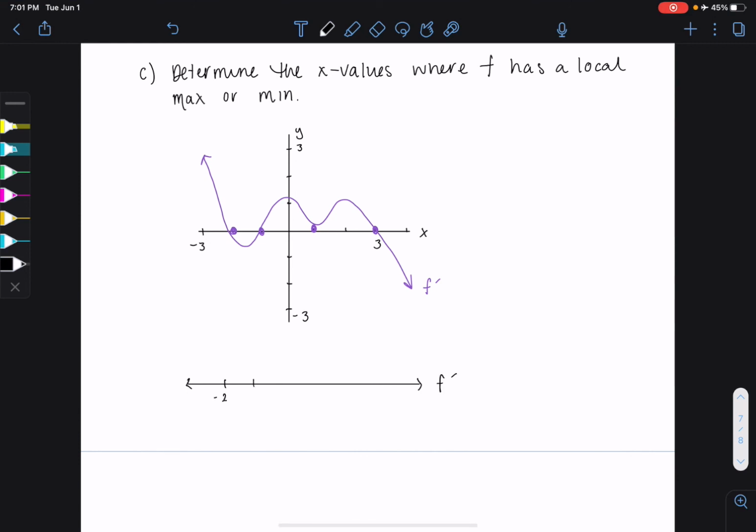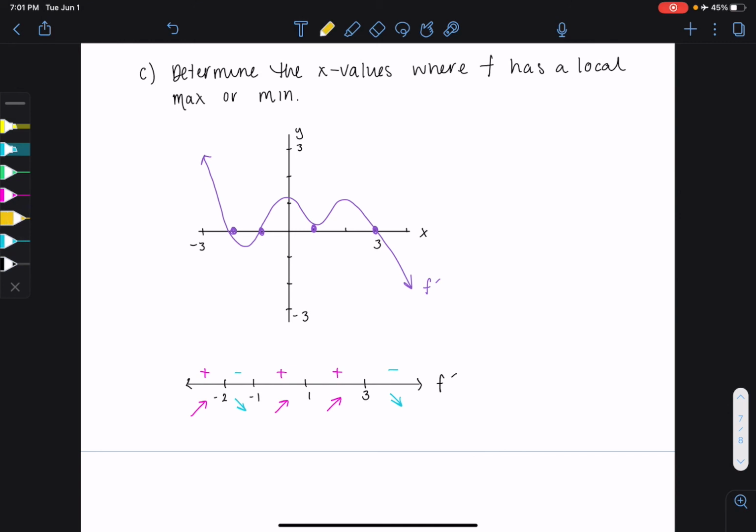But negative 2, negative 1, 1, and 3 were those critical numbers. Our graph of the derivative is positive on this interval, positive here, and negative inside of here. So my graph is increasing, increasing, increasing, decreasing, decreasing.